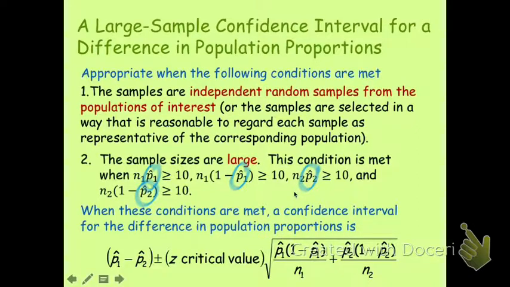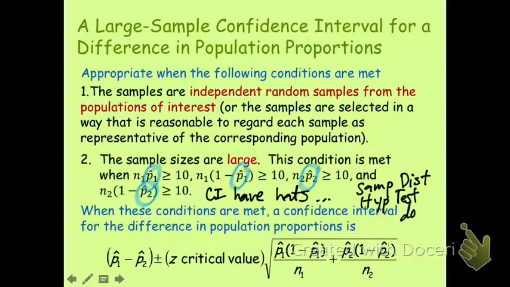Confidence intervals have hats. But sampling distributions and hypothesis tests don't. So you use NP and N times 1 minus P for sampling distribution and hypothesis tests. The only time you use P hat in your conditions is when you're doing a confidence interval.